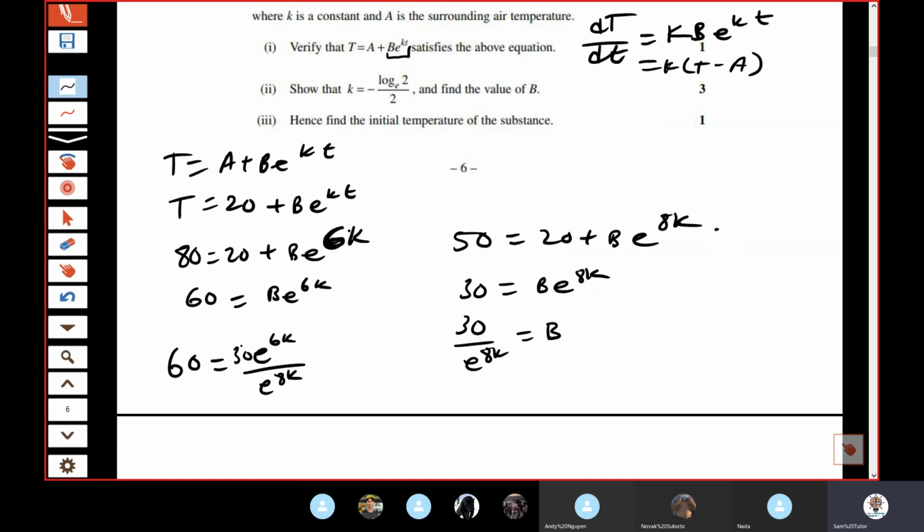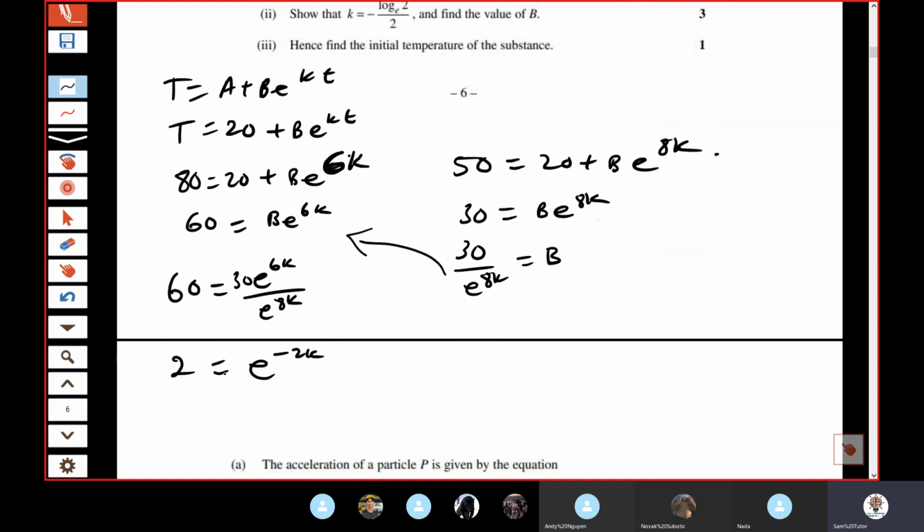Right, that's B. Sub B into there. You'll get this. Divide by 30, you'll get 2. e^6K take away 8K is e^negative 2K. Log both sides. Divide by negative 2. And that's the answer required.